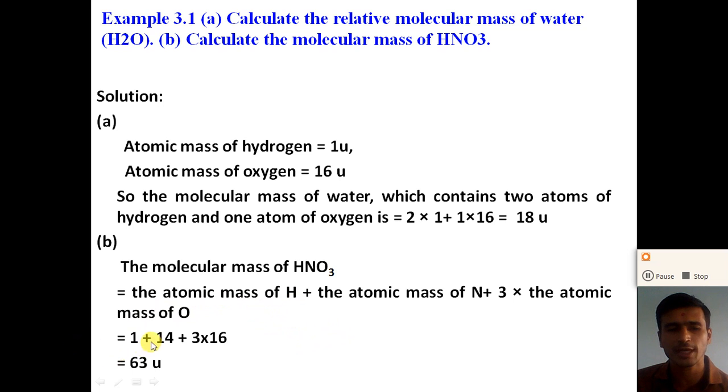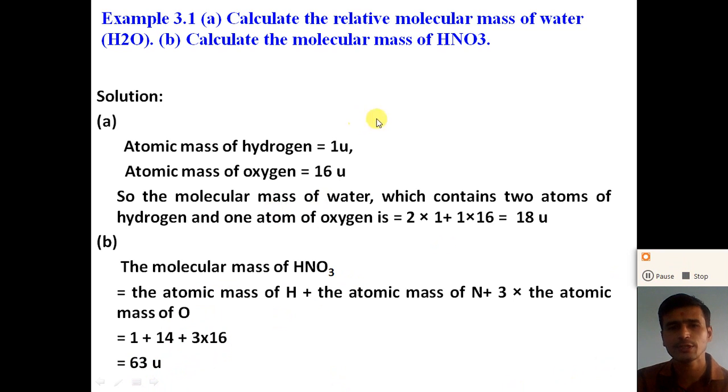The atomic mass of hydrogen is 1 AMU, plus the atomic mass of nitrogen is 14 AMU, and 3 into the atomic mass of oxygen, which is 16. If you calculate this, we get the molecular mass of HNO3 as 63 AMU.